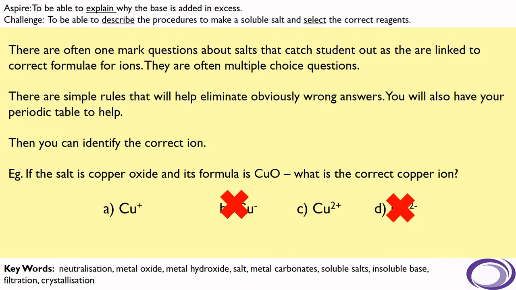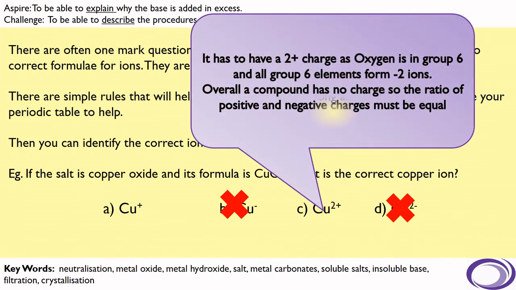If oxygen forms a 2- oxide ion, that means the copper ion must be 2+ for the charges to cancel each other out, which leaves us with Cu2+. Always remember that a compound will have no overall charge, so you must have the same ratio of positive and negative charges in that compound.